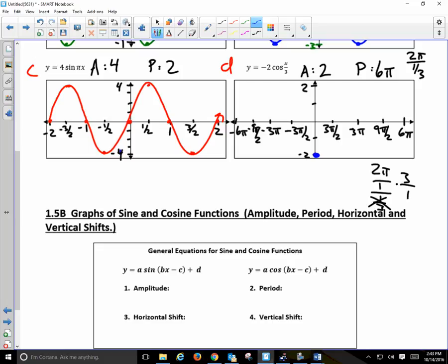Where will it go from the bottom? It has nowhere to go but up to 0, up to 2, and there you have it.